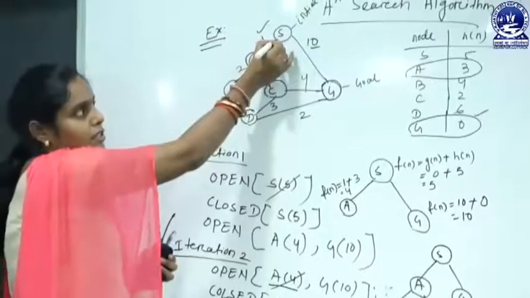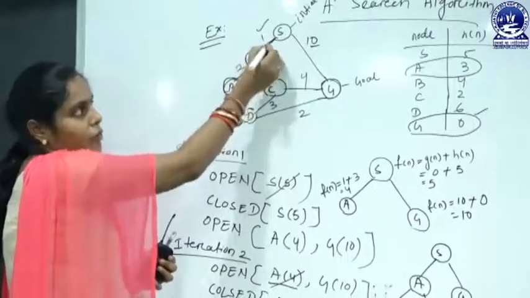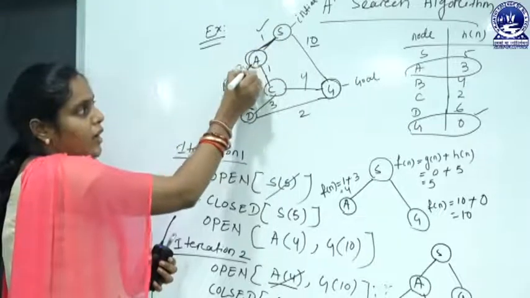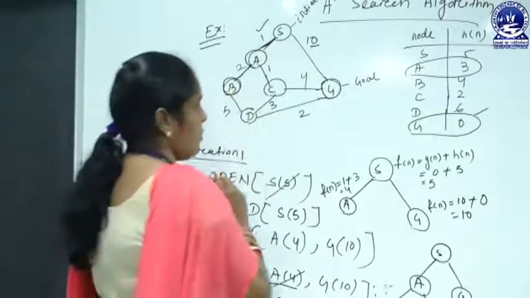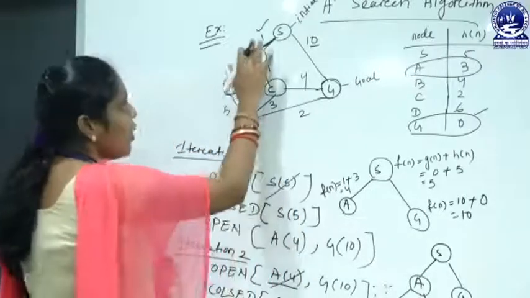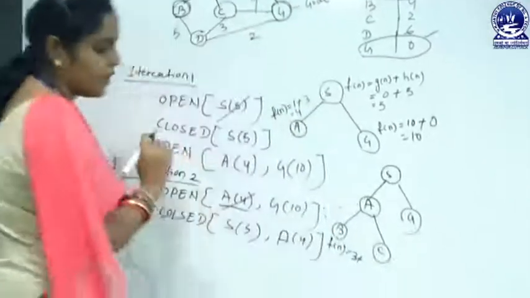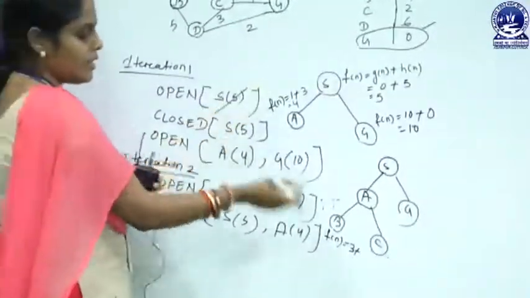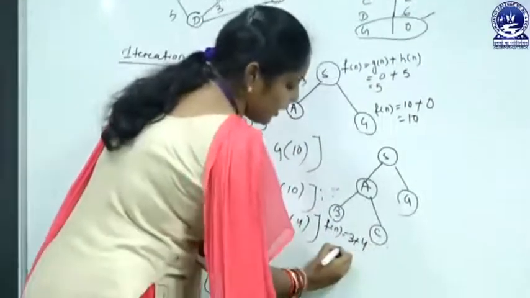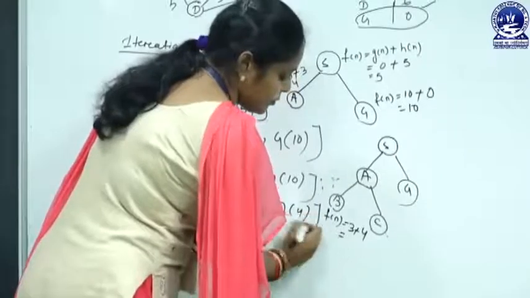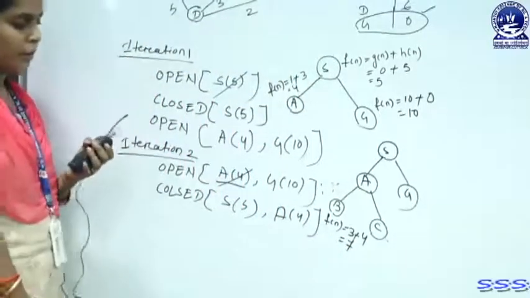That means this is our starting node, this is our current node, and the Gn value is from S to A, then A to B, that is 2 plus 1, which is 3. Now here the Gn value is 3. Then we take the Hn value. For node B, the Hn value is 4. That means 3 plus 4, which is equal to 7.